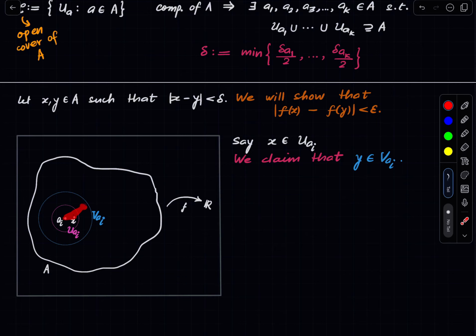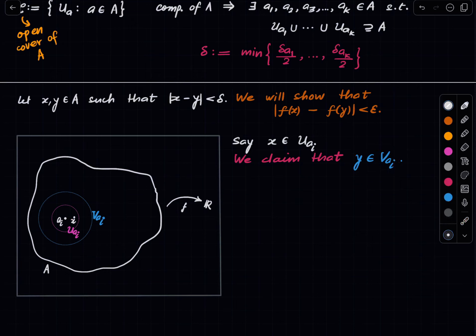And hence the distance between y and AI is less than delta AI, which is exactly what it means to say that y is in VAI, because the radius of VAI is delta AI. So I hope you followed that reasoning. It is just an application of triangle inequality, with the fact that x and AI are close by delta AI by 2. So we have justified that claim.